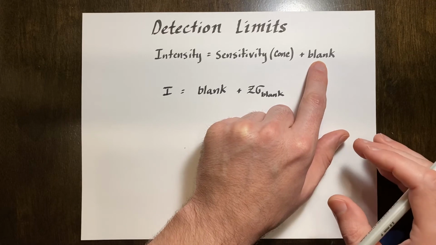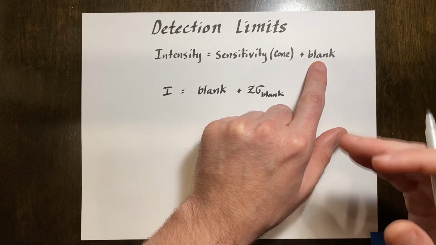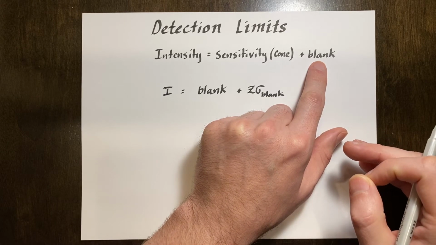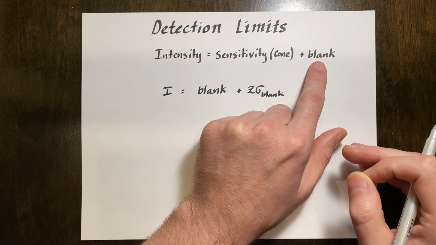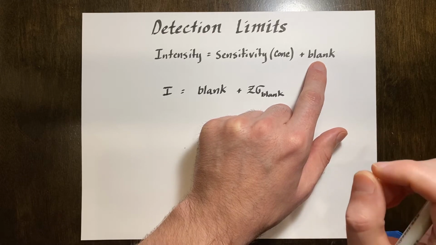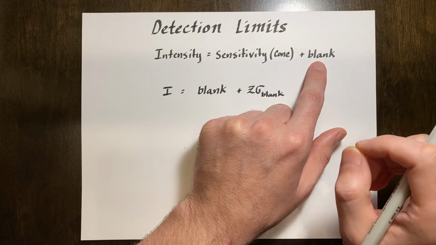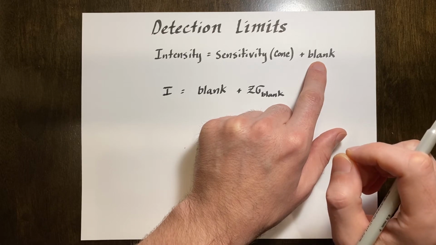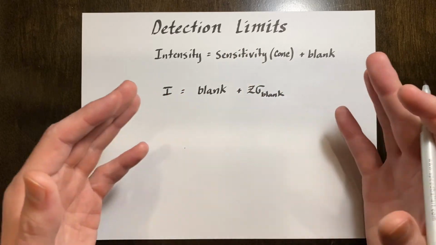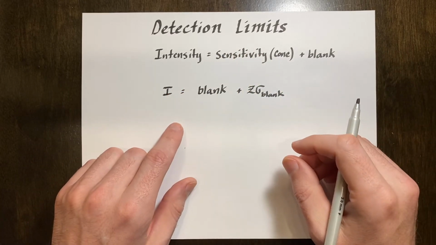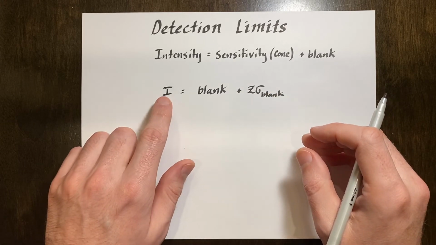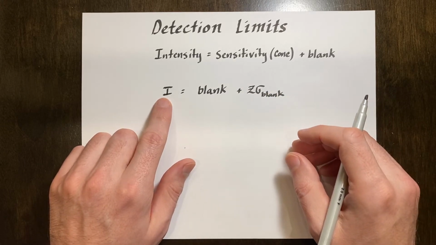If I have a blank that is all over the place, that's kind of noisy, that will make it difficult to say whether the signal I'm measuring is from analyte, or from something in the blank, or some variability that just exists in the method. So the variability in the blank comes into play with the detection limits.